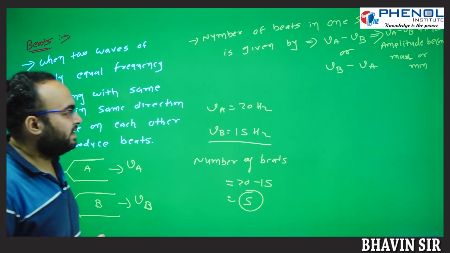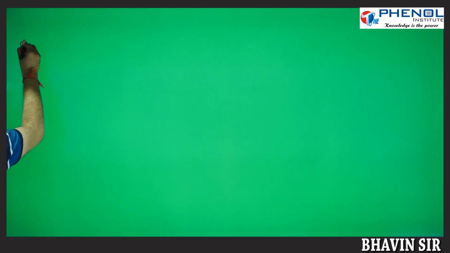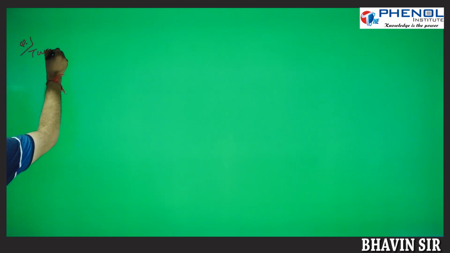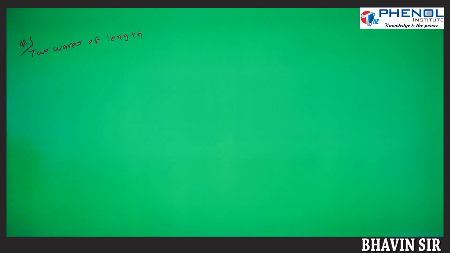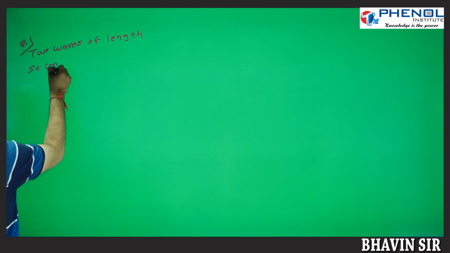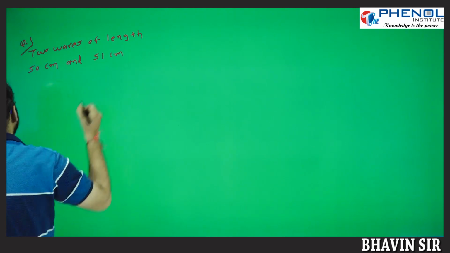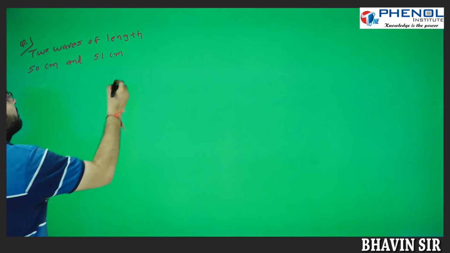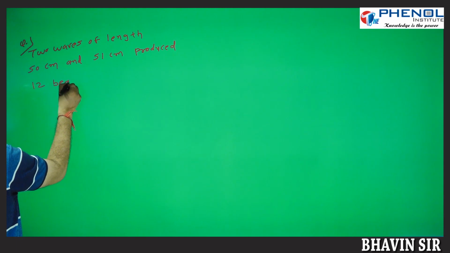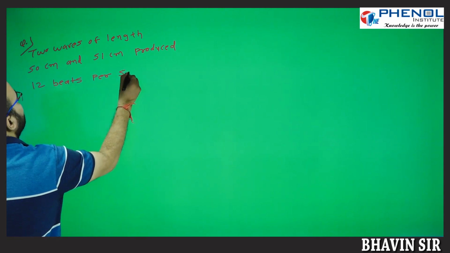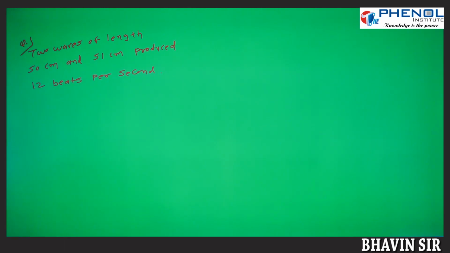Chalo, so now see one example students. Two waves of length 50 centimeter and 51 centimeter produce 12 beats per second.